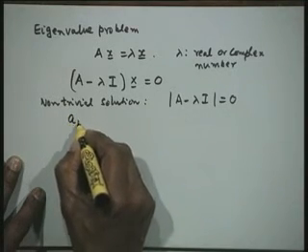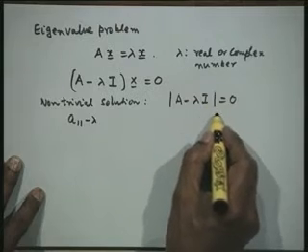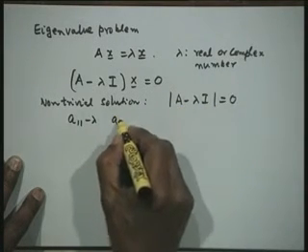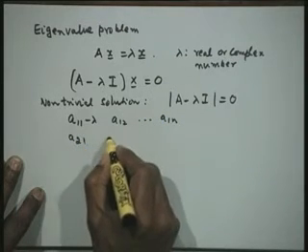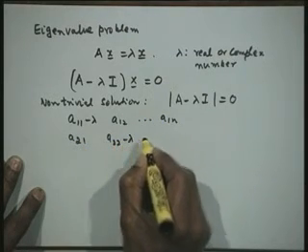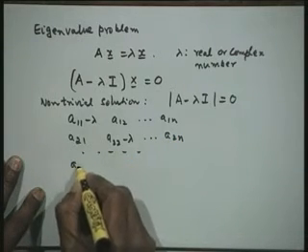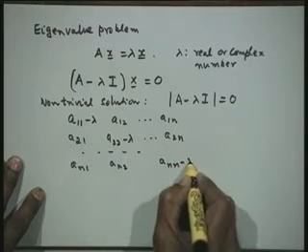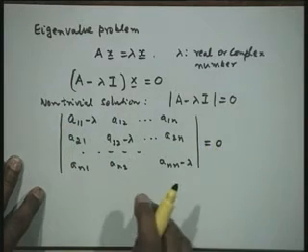Let us represent what it looks like. This is a11 minus lambda, with lambda only in the diagonal elements, then a12 up to a1n, then a21, a22 minus lambda, up to a2n, and so on down to an1, an2, ann minus lambda, and the determinant is equal to 0.